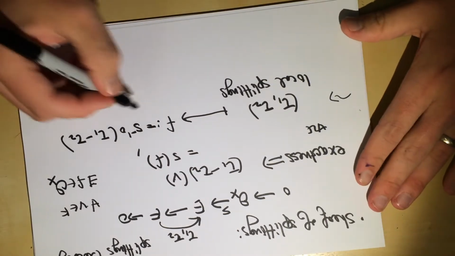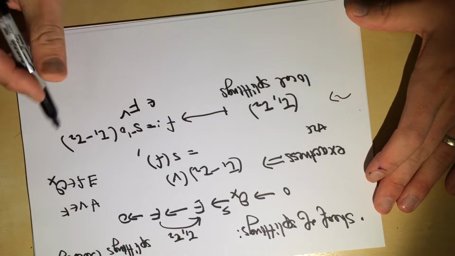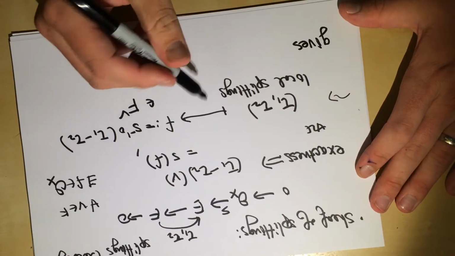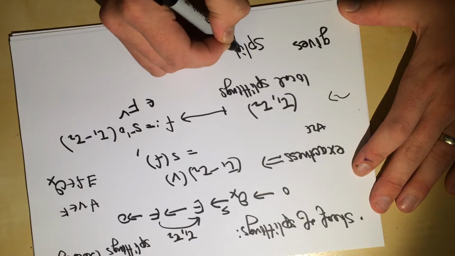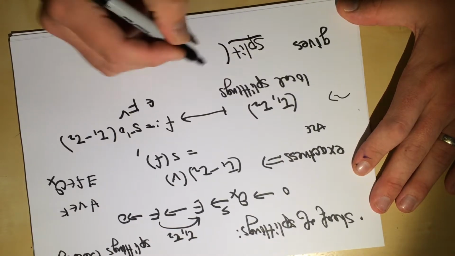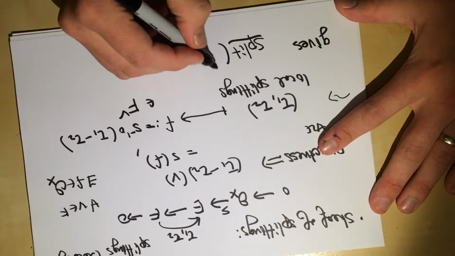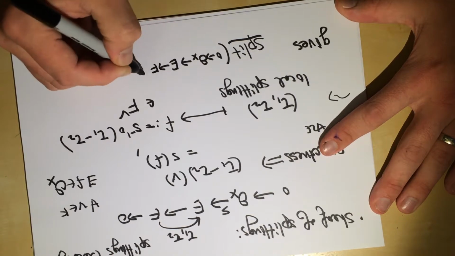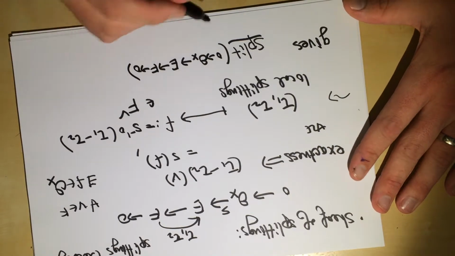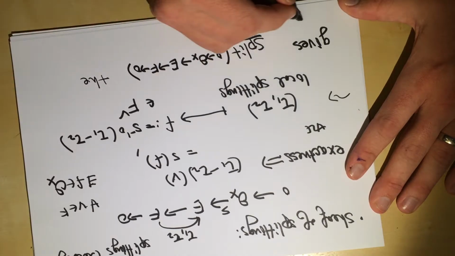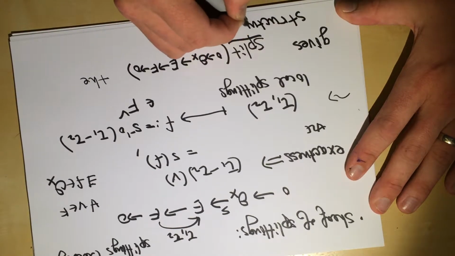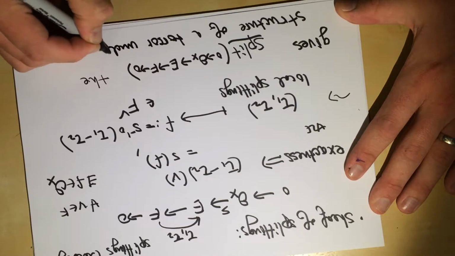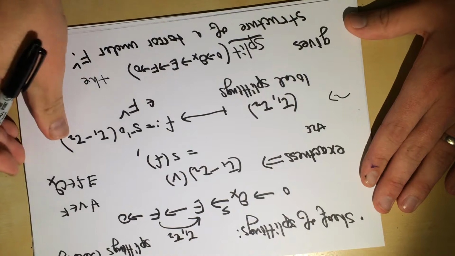Okay, then this is actually going to define an element of F dual, and so then let's make this definition: the split of the sequence has the structure of a torsor under this guy.